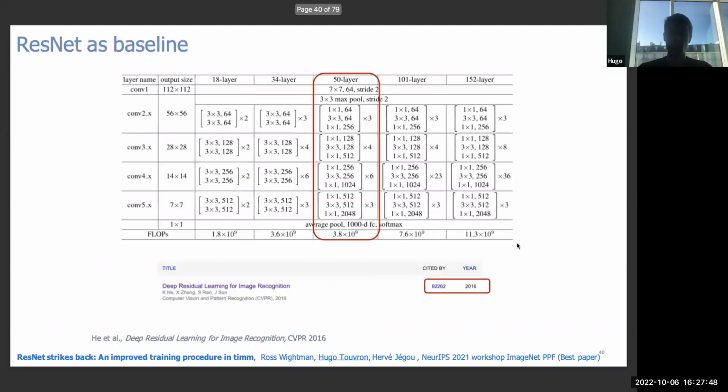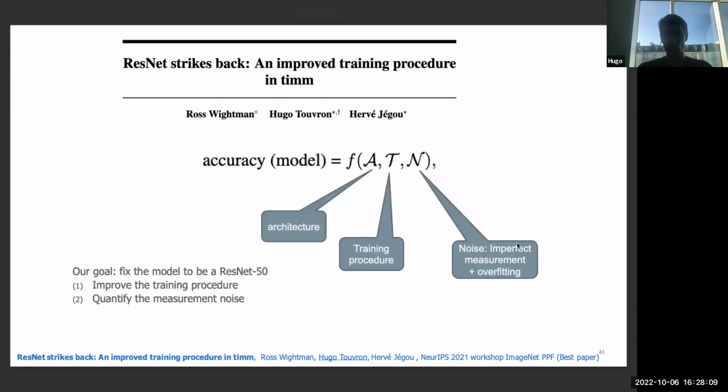Here, I like the ResNet 50 because it is a very common baseline, maybe the most common baseline in computer vision papers. When you propose a new architecture, generally you compare your new architecture with the ResNet 50 performance. But when you compare architectures, you have to take into account different components, not just the architecture: the training procedure, and generally some noise and imperfect measurement due to some kind of overfitting, especially on ImageNet.